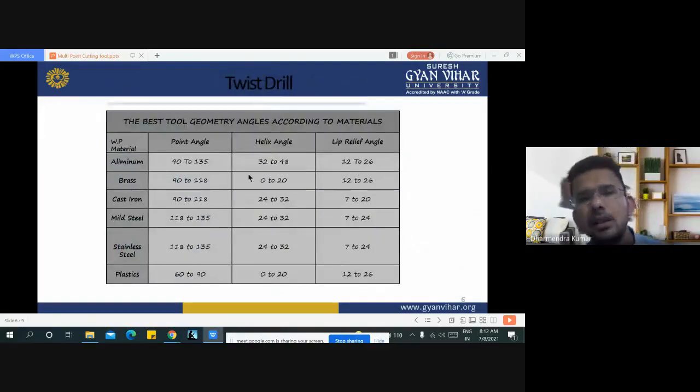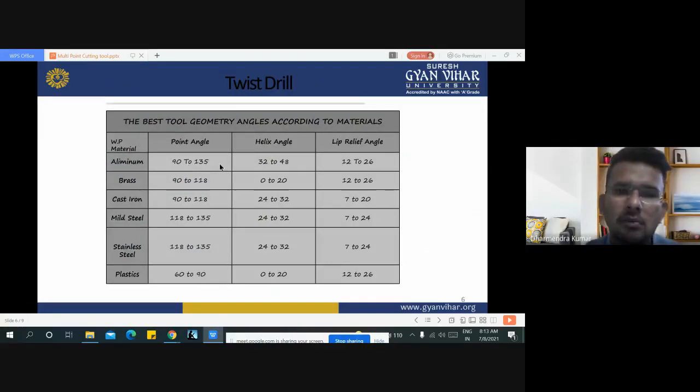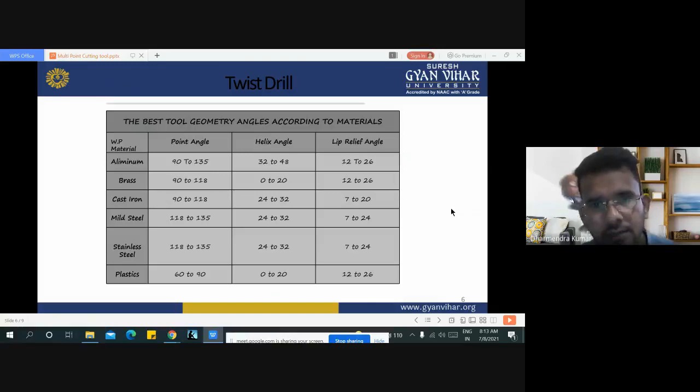These are all values of the angle in degrees. For brass, 90 to 118, helix 0 to 20, lip relief angle 12 to 26. For cast iron, again 90 to 118 degrees, helix angle 24 to 32, lip relief angle 7 to 20.